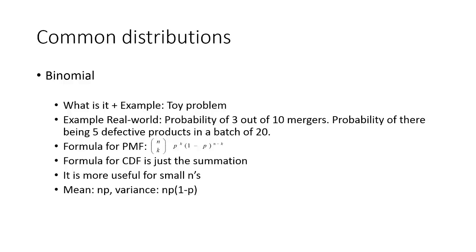The formula also, with the summation, does not really simplify too much, so you're dealing with the CDF as it is. As I mentioned, it is more useful for small values of n. When you get really large values of n, you look at other approximations. The mean is nothing but the number of times you're tossing times the probability.